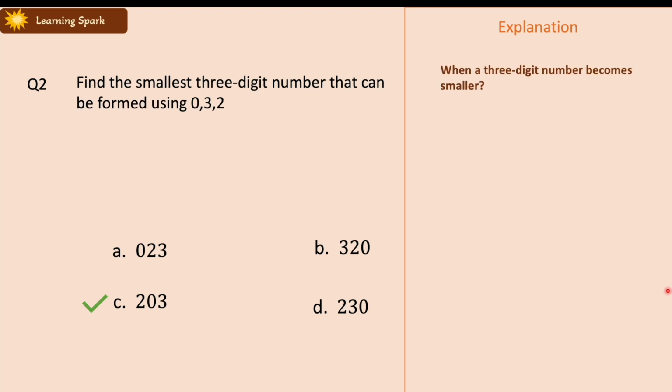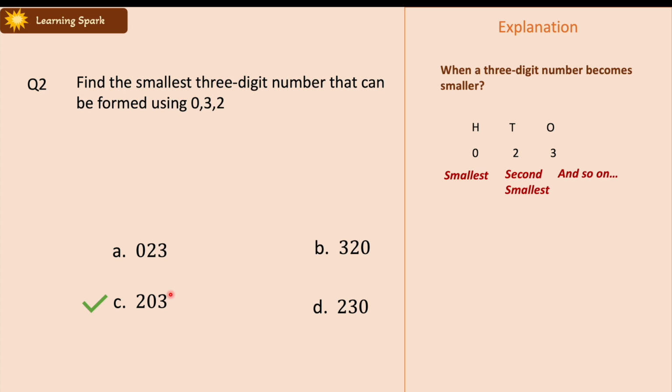First of all, when a 3-digit number becomes smaller, in the last question we discussed that for a 4-digit number, the thousands place is the most important place. For a 3-digit number, the hundreds place is going to be the most important place.